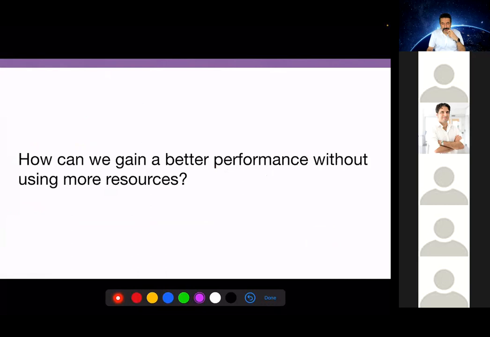And the question was, maybe it's not too difficult. Maybe we could increase the resources. We could buy more servers and increase the resources to maybe 100 times more, and that would be fine.